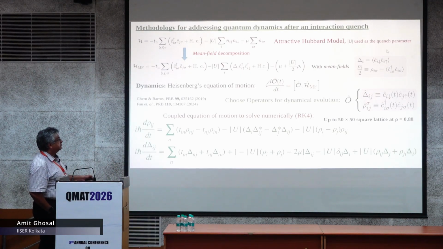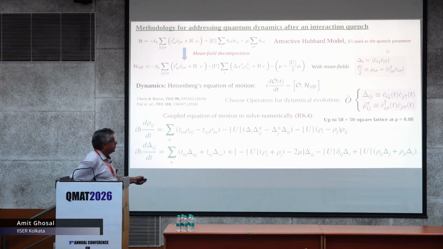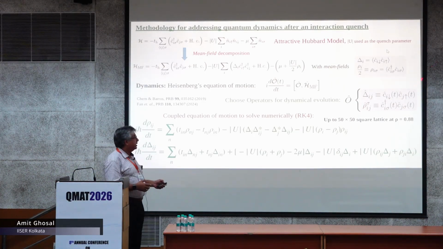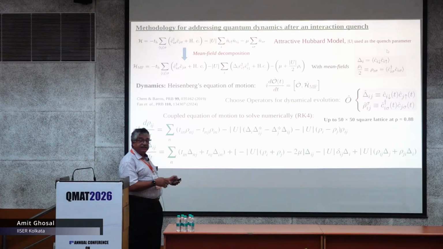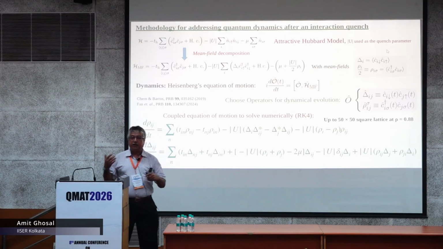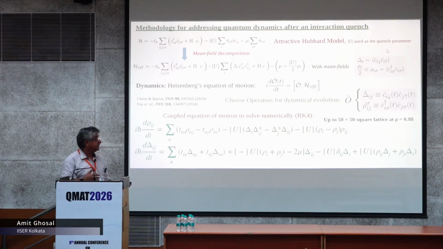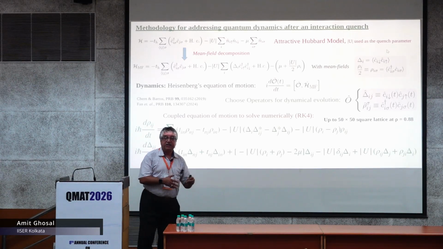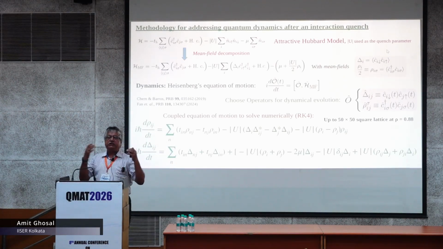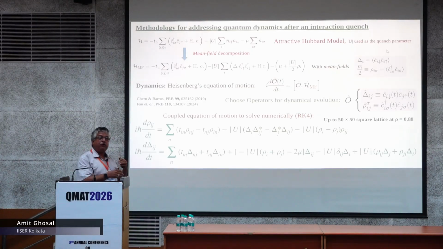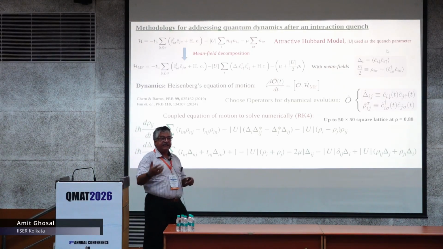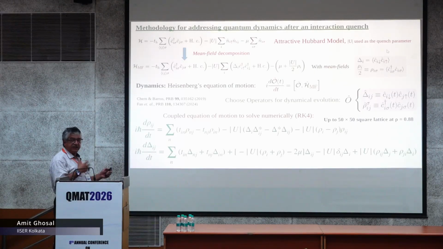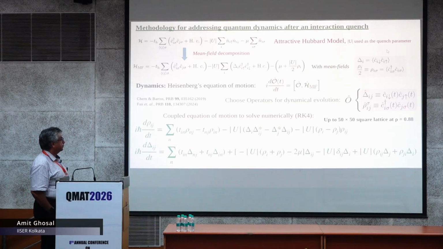And the fields that we'll be following are delta_ij and rho_ij. Rho_ij is the density and delta_ij is the pairing amplitude, but you have to focus on this, that these are delta_ij. All delta_ij for all i and j are taken as dynamical variables, consistent with the fundamental symmetry of the superconductor.